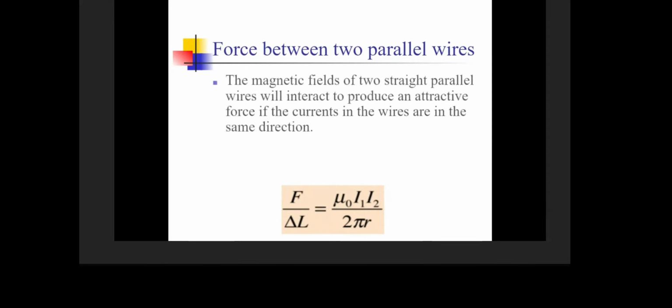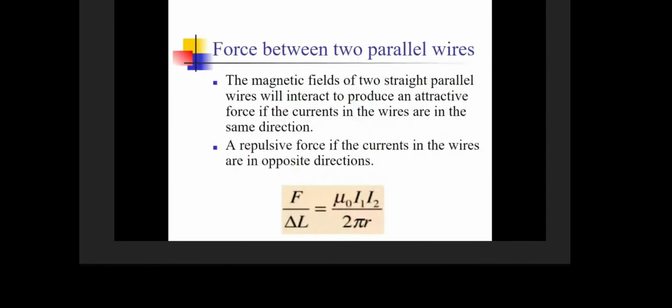Now let's look at the force between two parallel wires. If we have two conductors that are close together, carrying current, conductor 1 will have a magnetic field around it, and conductor 2 has a magnetic field around it. They are close together, so their magnetic fields will interact, and that interaction will produce a force. That force is what we're going to calculate.